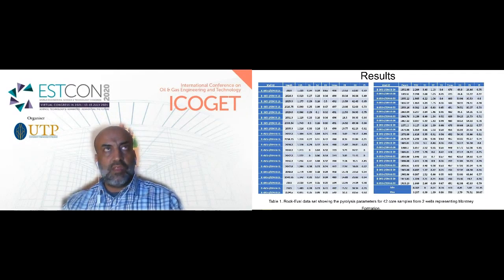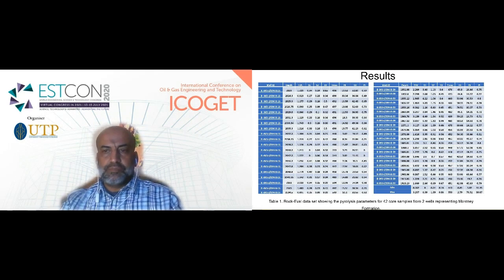As we can see, the minimum of the TOC is 0.5 and the maximum is 3.2 weight percent. For the S1, it ranges from 0 to 6.39. The S2 from 0.04 to 0.189, while the Tmax result falls between 442 to 465 Celsius.